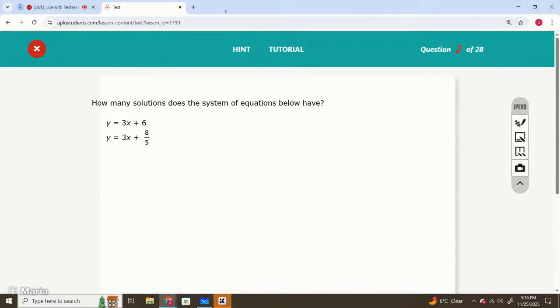y equals 3x plus 6 and y equals 3x plus 8 by 5. So both the equations have the same slope, right? Their y-intercepts are different.